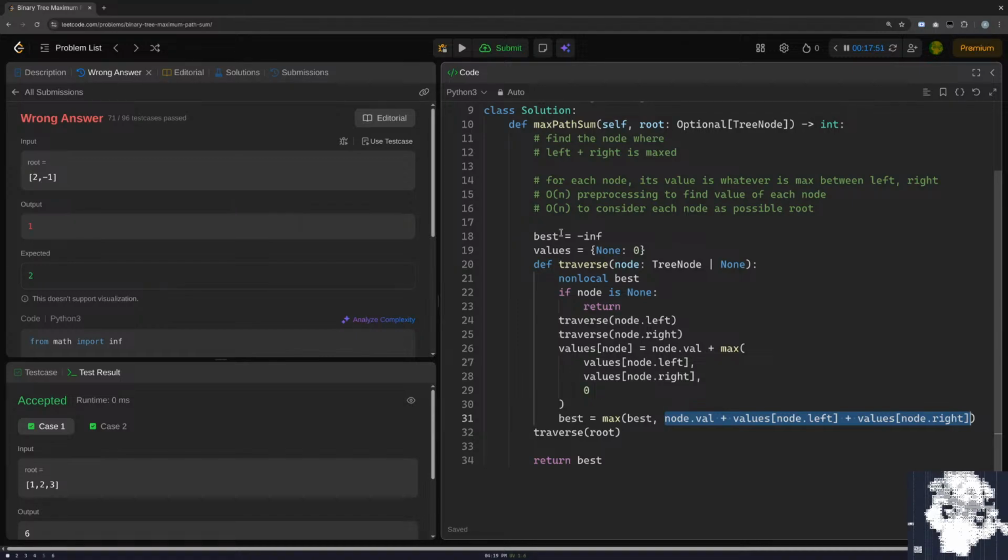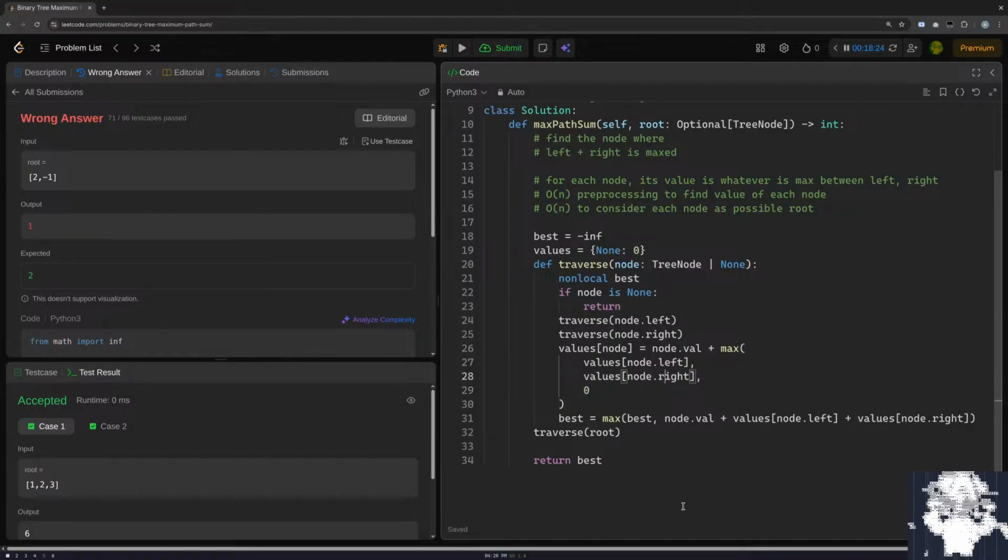Yes. I think the values should be capped at 0 because you can always just not even include this in your path. That's such a weird way to say it. I think instead I'm just going to say you either take... Yeah, I think that is the right way to say it.